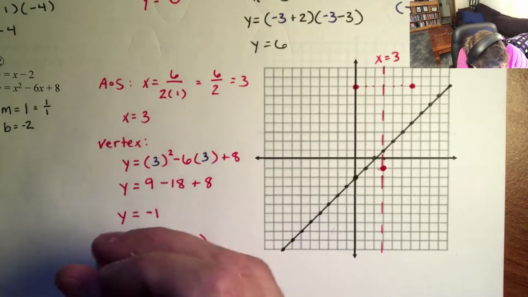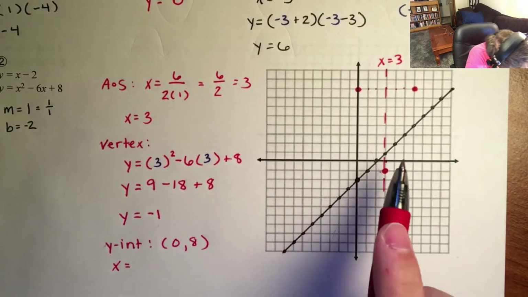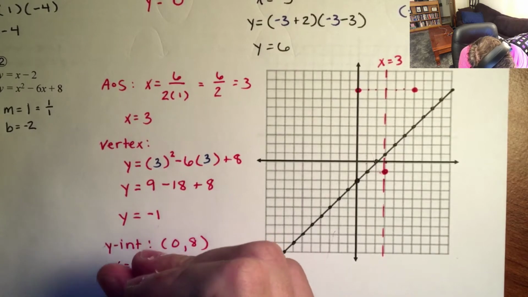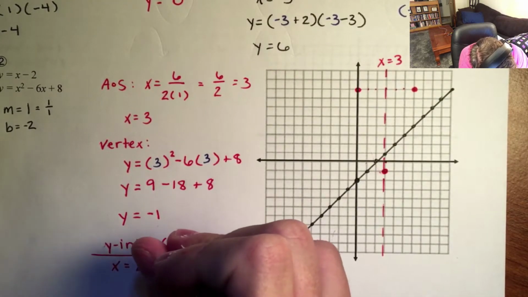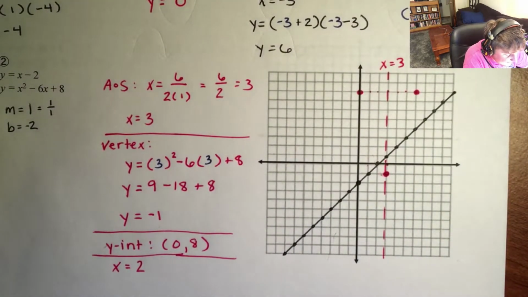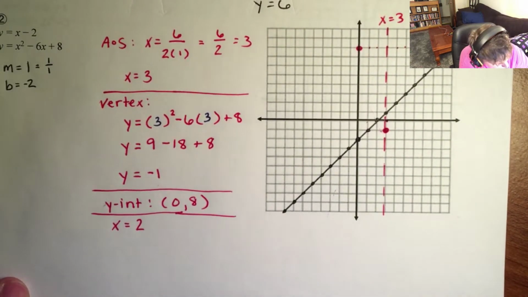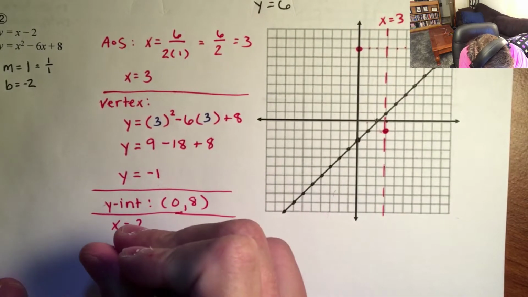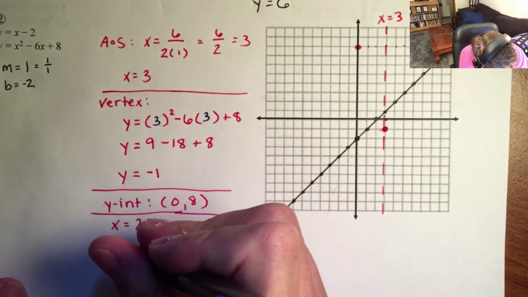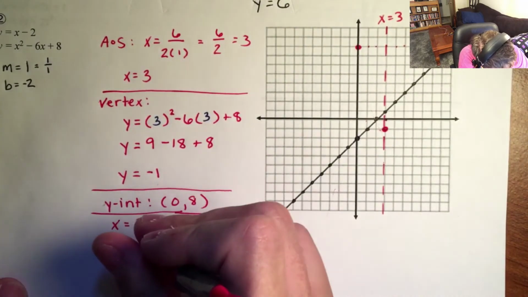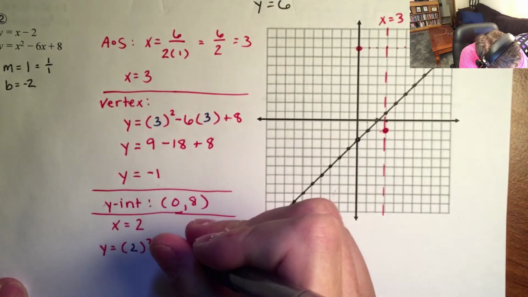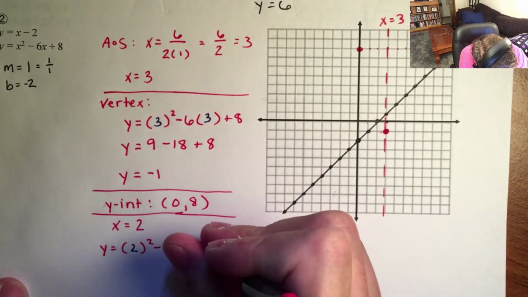Okay, so let's go ahead and pick when x is equal to, let's just do 2. Horizontal lines here maybe to kind of separate these out. So when x is 2, that means y is equal to 2 squared minus 6 times 2, and then plus 8.